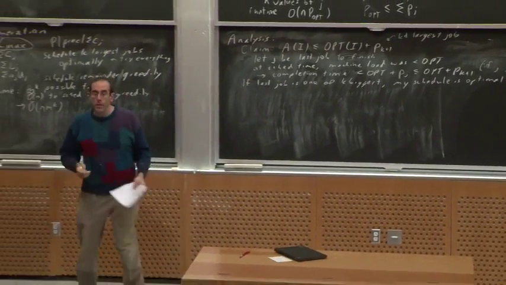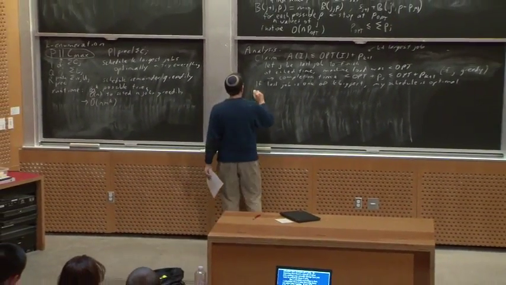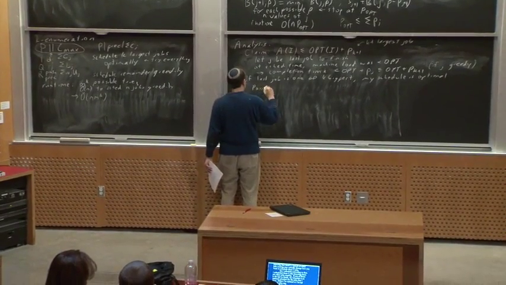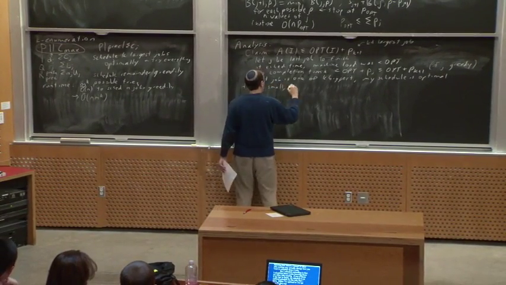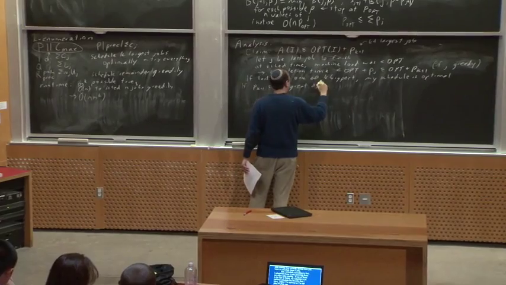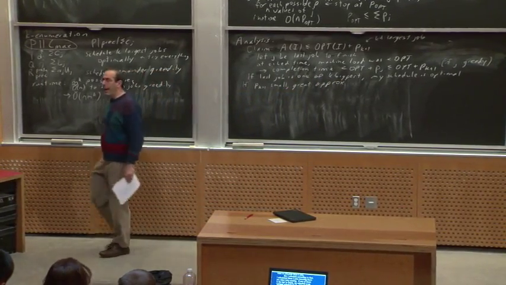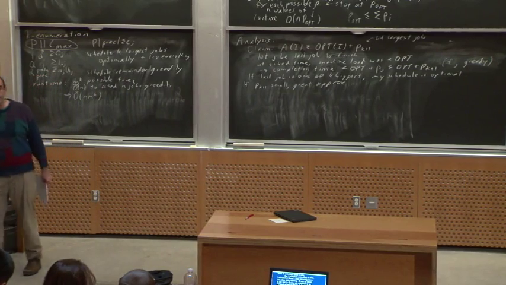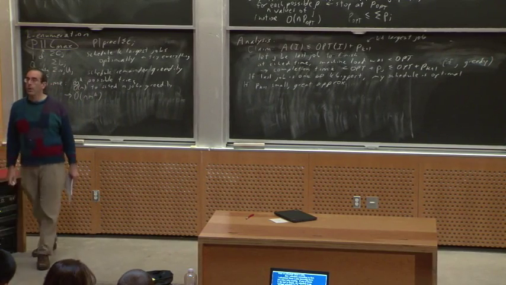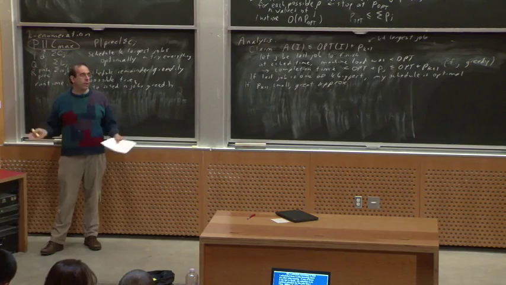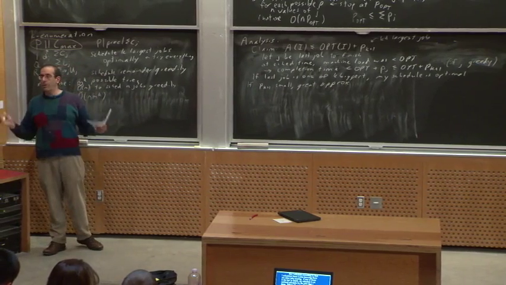Okay. So that tells me that if pk plus 1 is small, I have a great approximation, right? So how big can pk plus 1 be? Well, in isolation, if I just look at it, it could be arbitrarily large.